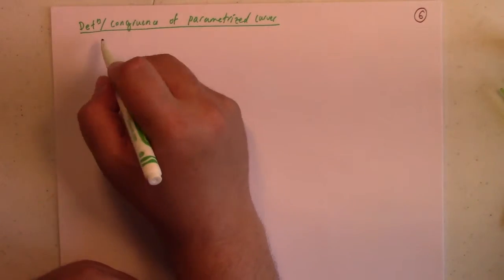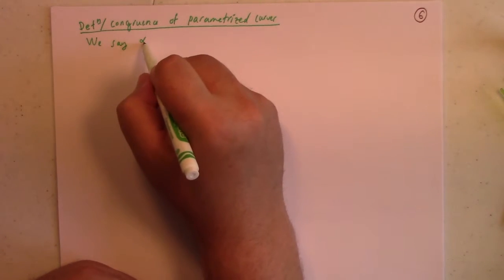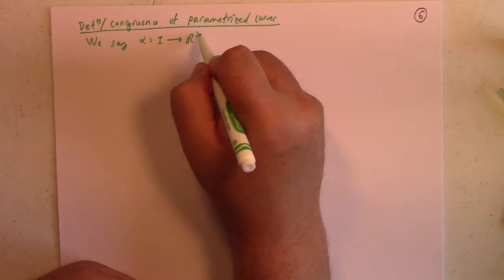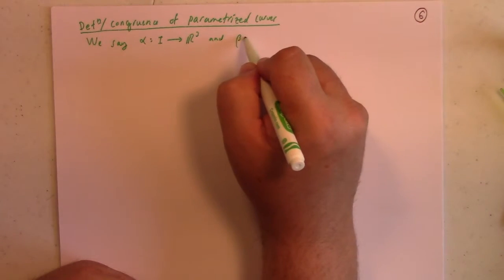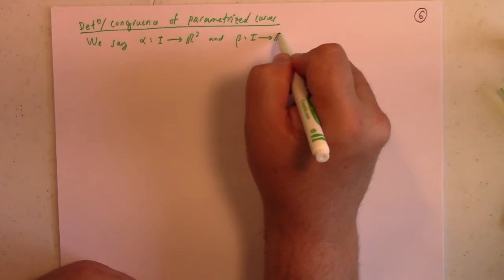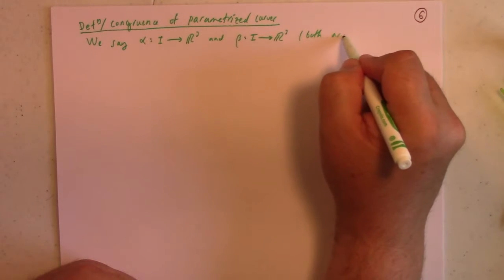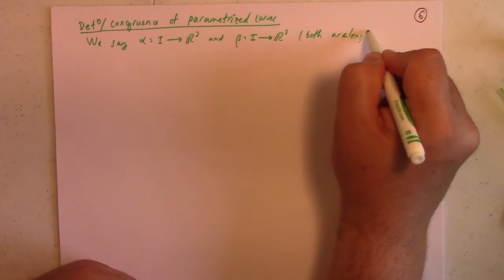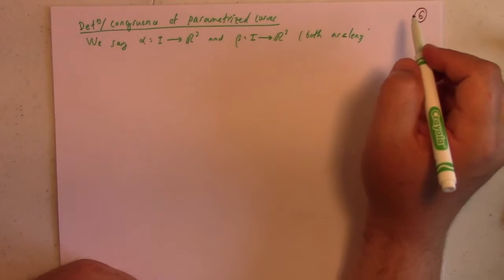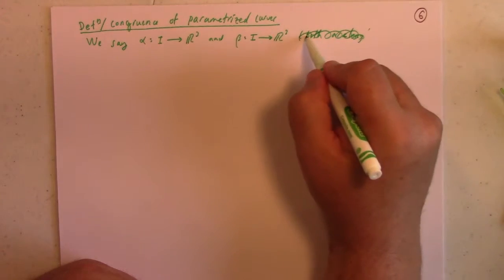And here it is. We say alpha, I to R3, and beta, I to R3. Oh, no, I don't. Excuse me. I do not assume arc length parameterization. Oopsie.